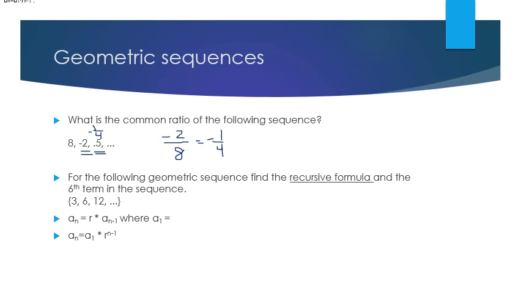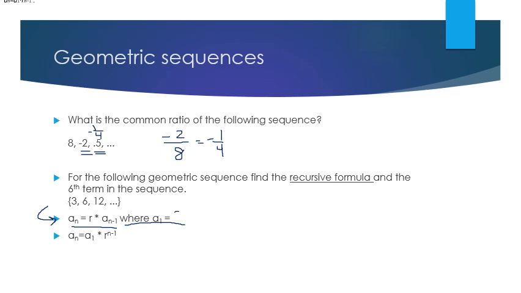Now, for this one, you are supposed to find the recursive formula and the 6th term in the sequence. Well, this first one that I've written is the recursive formula, and it just kind of represents the information from the sequence. It always contains 2 parts. First, the basic equation or formula, and then always what the first term is.